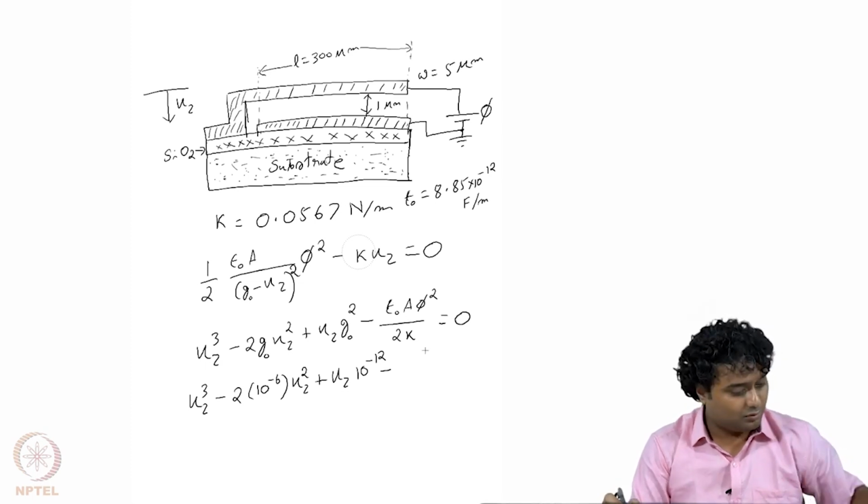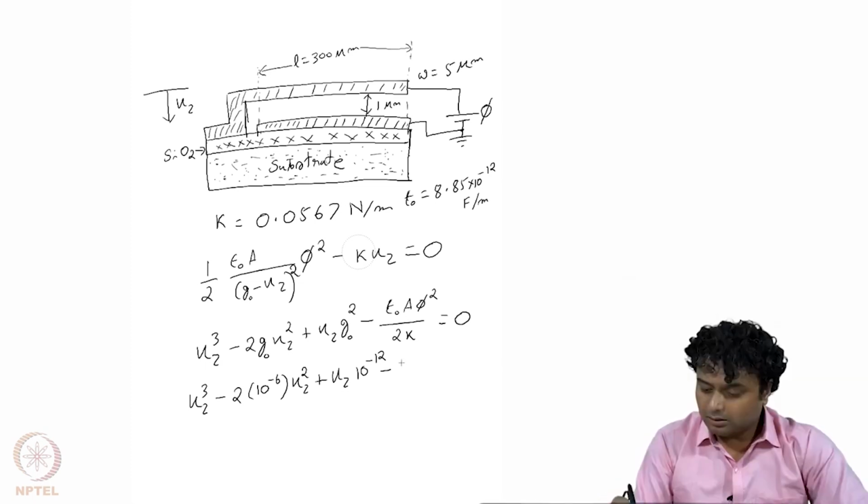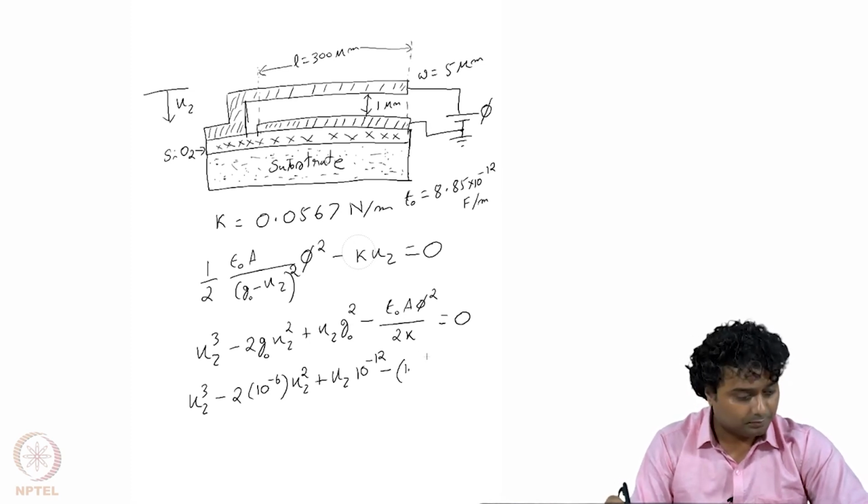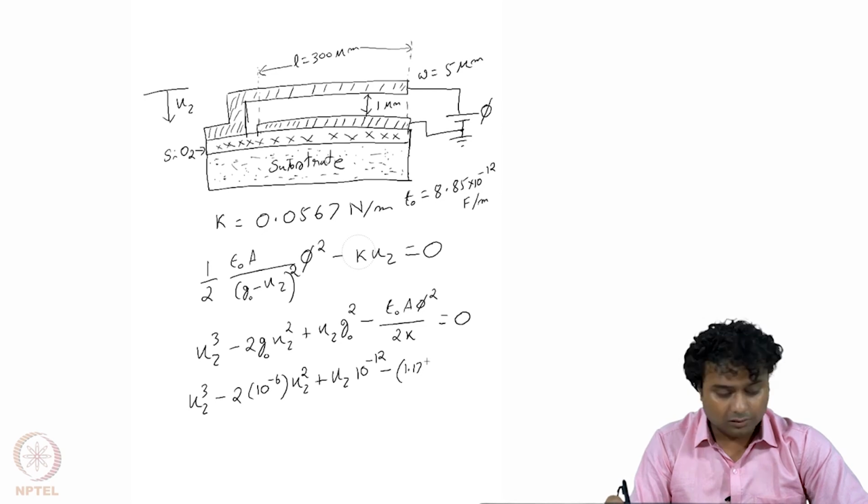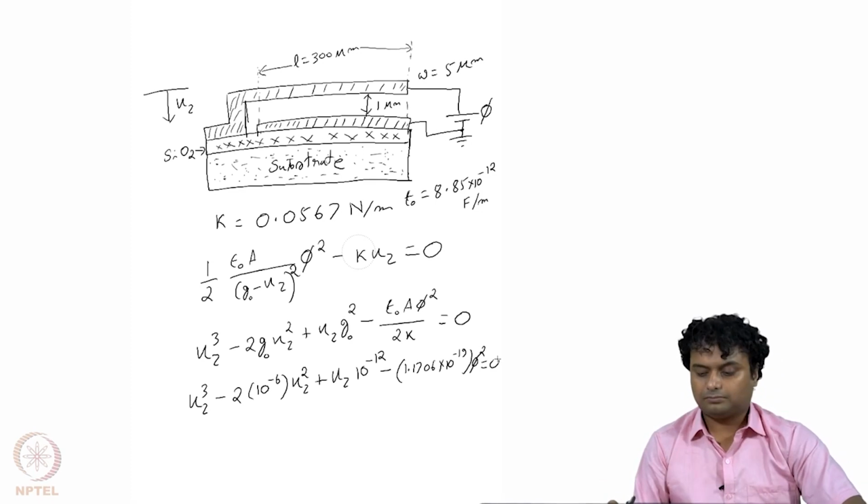So if we put all those values, then we get 1.17, 0.06 into 10 to the power minus 19 into 5 square is equal to 0.